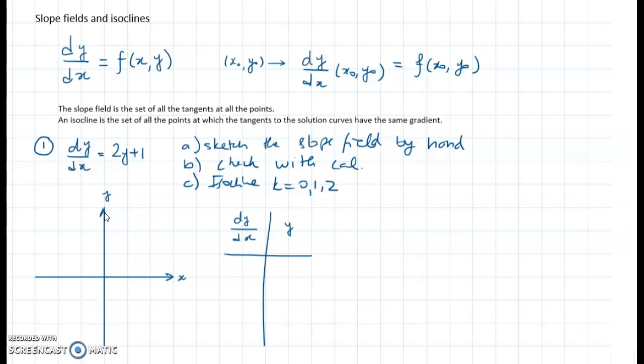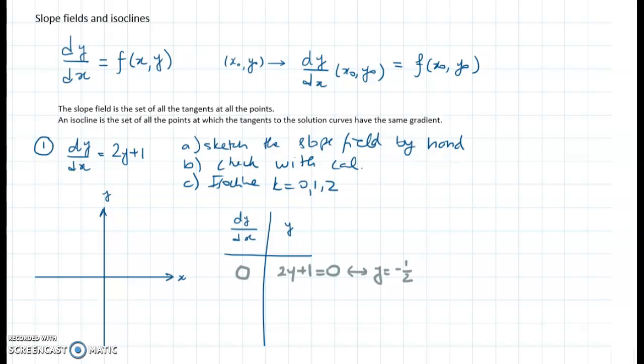So let's say, for instance, we look at when the derivative takes the value 0. So that means when the solution is going to have tangent with slope 0, so horizontal. So what we want then is 2y plus 1 to be equal to 0. And this happens exactly with y equal to negative a half.